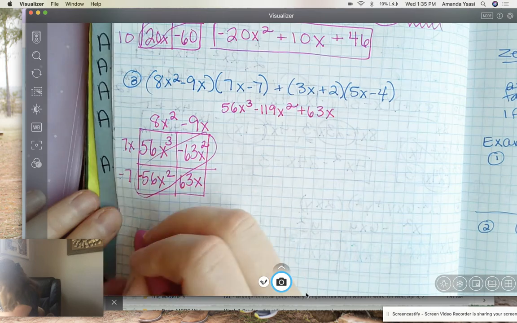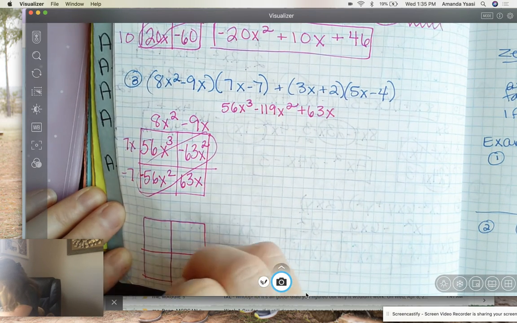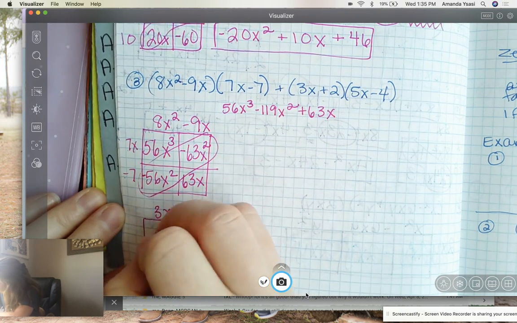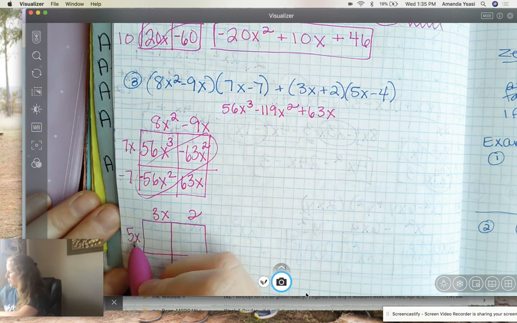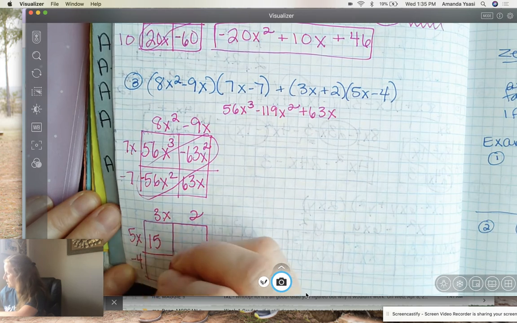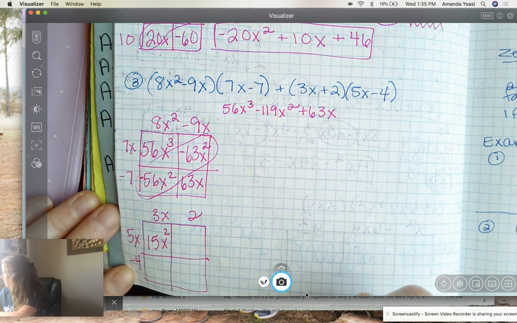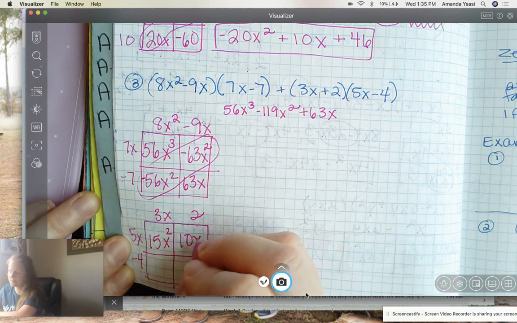Okay, and then I have to do these. So I'm going to come down here, do another box. 3x plus 2, 5x minus 4. 3x and 5x is 15x squared. 5x times 2 is 10x.